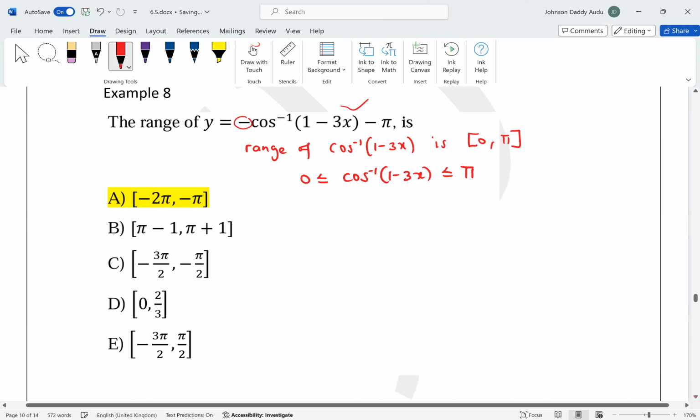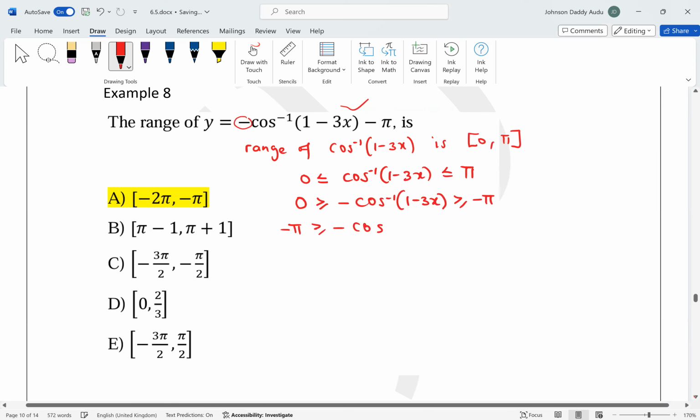So this is 0 greater than or equal to minus cosine inverse of 1 minus 3x, greater than or equal to minus pi. Remember, we multiply by a negative, which is why we interchange all the inequalities. And then we can subtract pi from both sides.